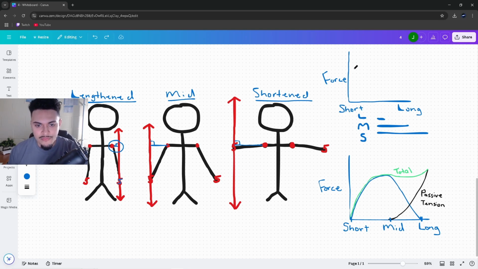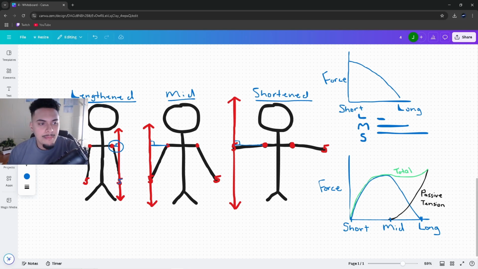So what the resistance profile looks like with a dumbbell lateral raise is a little something like this. Producing the most amount of force up here in the shortened range, then in the mid-range it's kind of dropping off a little bit, and then in the lengthened range it drops off significantly.